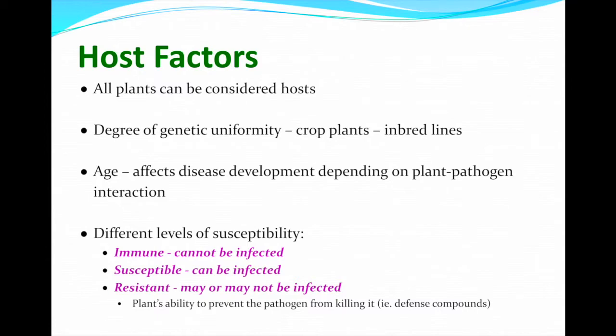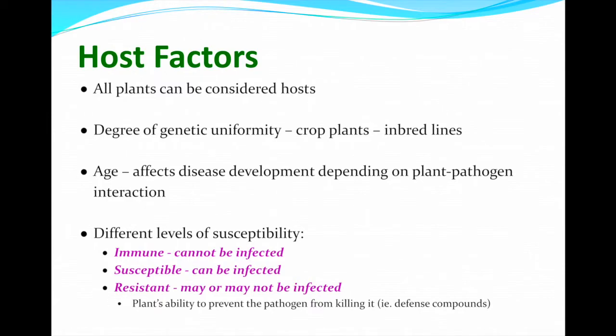But one of the big drawbacks that we have figured out finally in the last 30 to 40 years is that monoculturing predisposes us to some pretty drastic plant disease situations. If everybody's identical out in that field, if they're all clones, they're all genetically the same, and if one of those plants is susceptible to a particular pathogen, because they're clones, they all are.